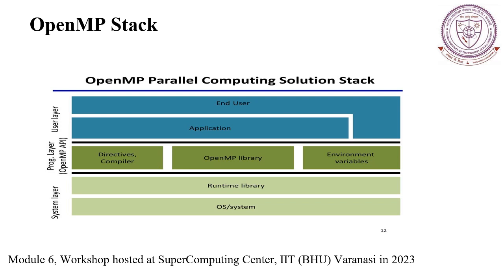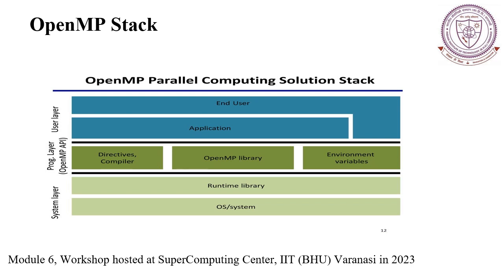Then comes the operating system layer. Below the OpenMP runtime layer lies the operating system layer. The operating system is responsible for managing system resources, including processors, memory, and input-output devices. It provides the necessary services and abstractions for efficient thread management and synchronization.